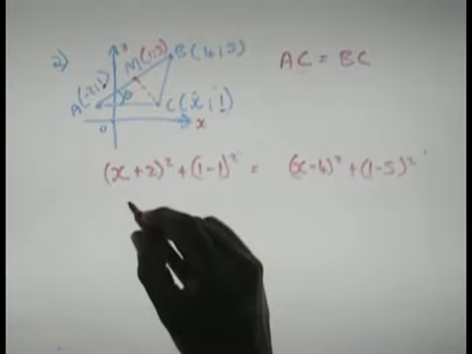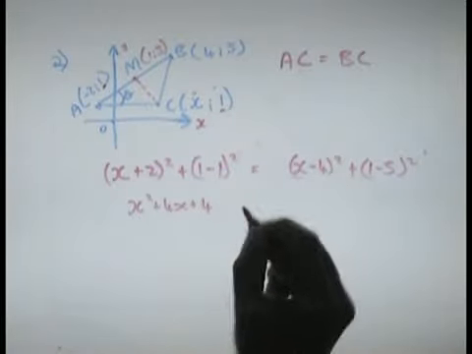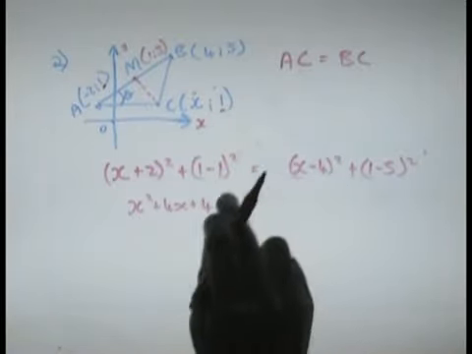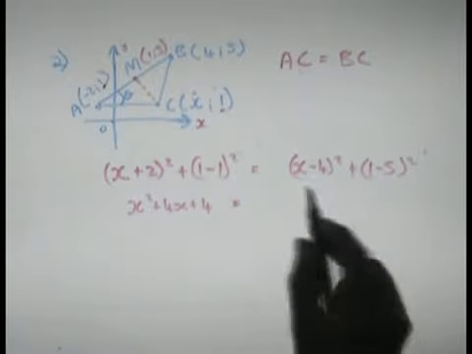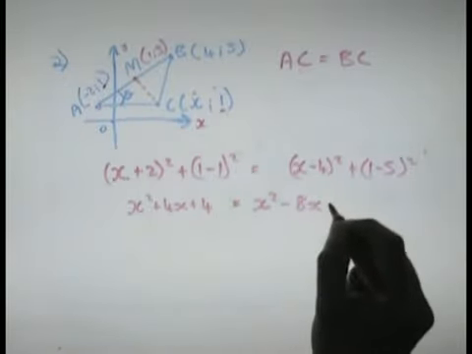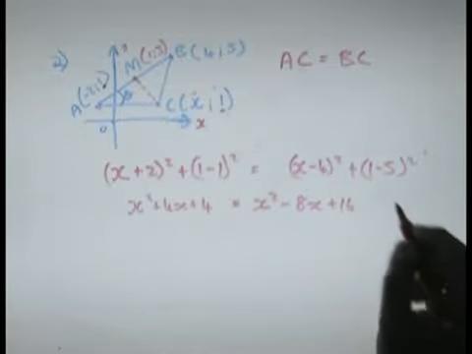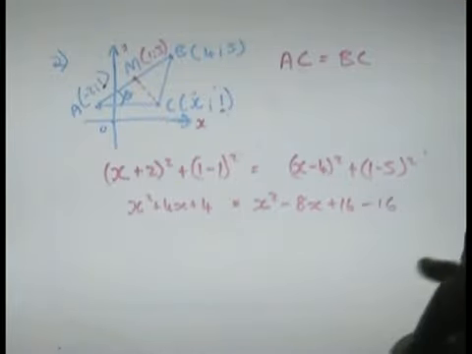That means that this side reads x squared plus 4x plus 4. 1 minus 1 is 0. x squared minus 8x plus 16. 1 minus 5 is negative 4 squared is 16.